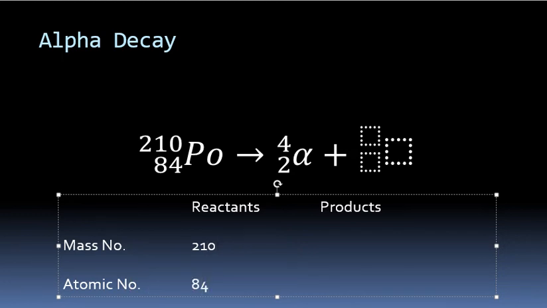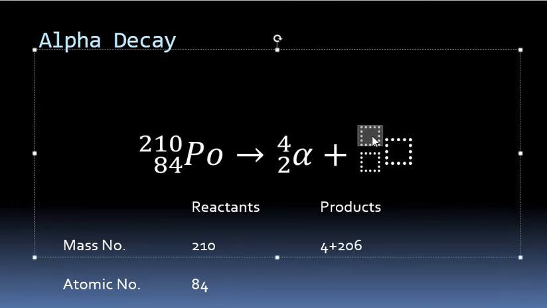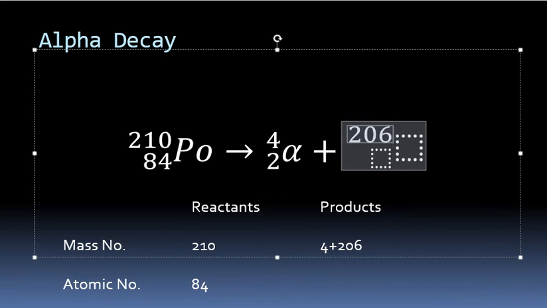Now, the mass number for the right side is going to have to add up to 210. Well, we already have a mass number of 4 thanks to our alpha particle. Therefore, what plus 4 would equal 210? Well, 206. So this one is going to have a mass number of 206.